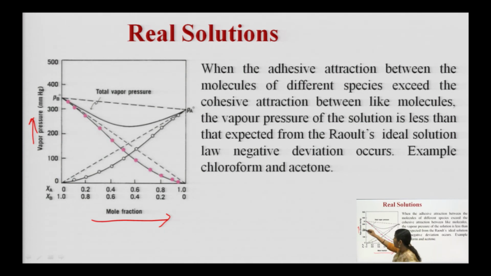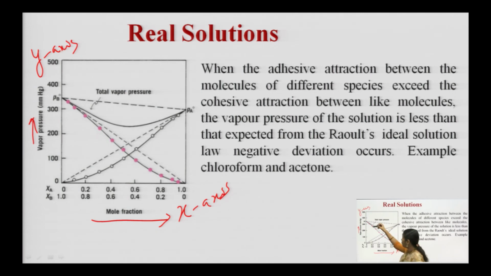The dotted lines represent the values which would have been expected if it had followed Raoult's law, and the actual result is given by the solid lines.